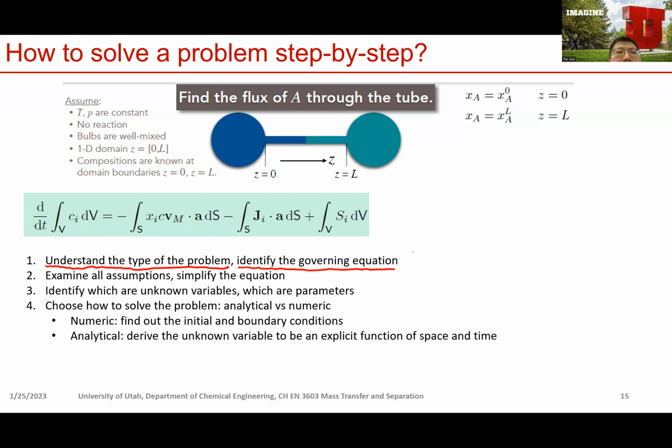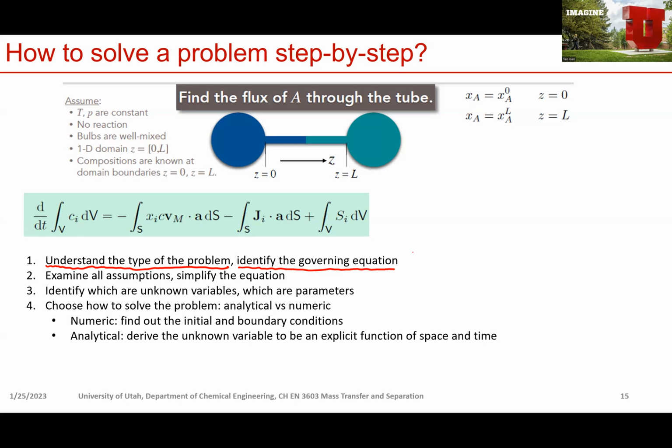So when you are given a problem, first ask yourself, what type of problem does this fit in? Well, in our class, because we have mass transfer and separation, most examples we're going to deal with are about mass balance and mass transfer. That's obvious.